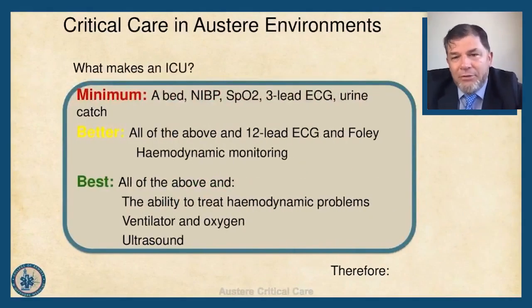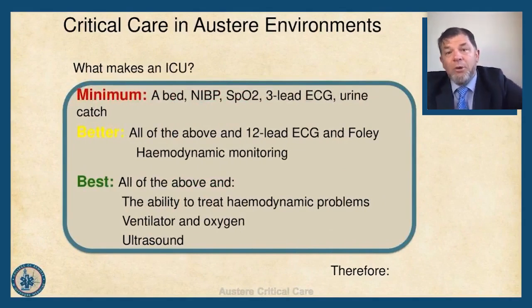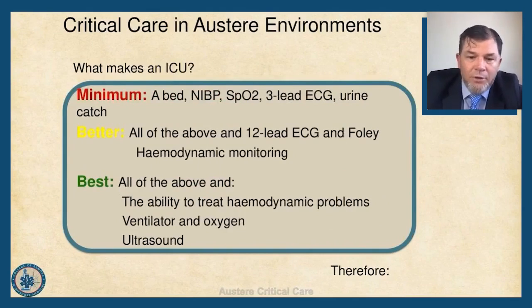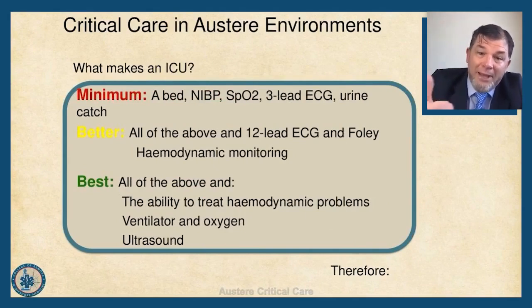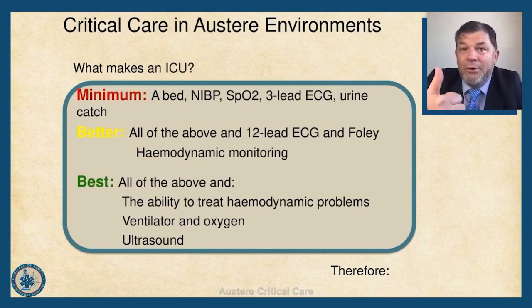So minimum, better, best. We are using what the Prolonged Field Care Working Group has come up with, the standard of minimum, better, and best. So at the very minimum, you as an austere critical care practitioner, you need to have your bed, and you can put a bed anywhere, right? You saw the hammock these guys were carrying with a log between them.